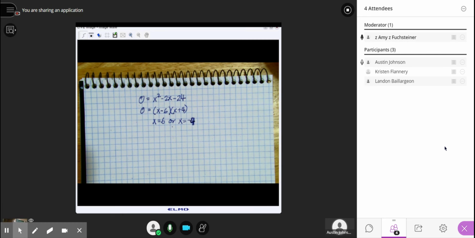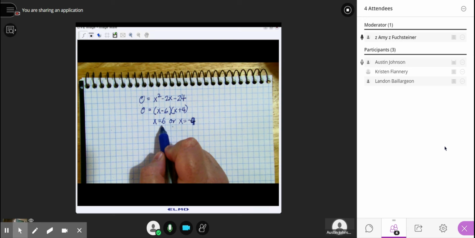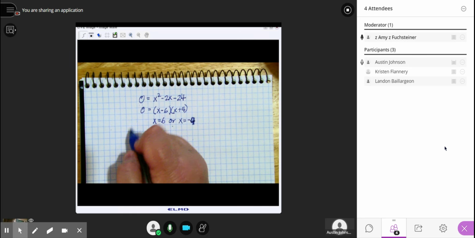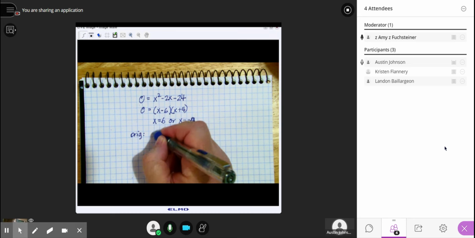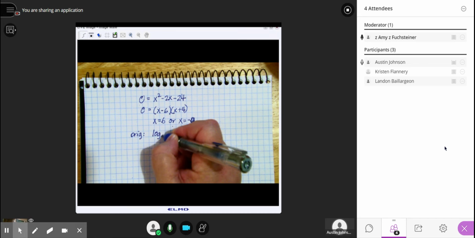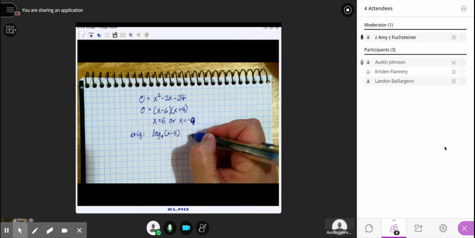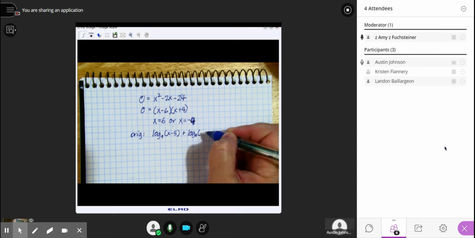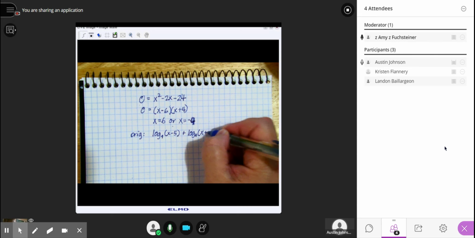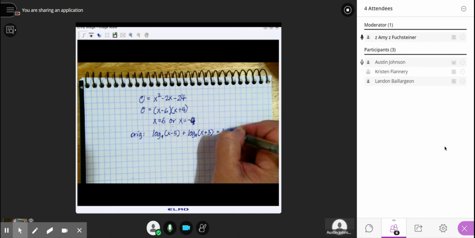So I do want to check. If I put a 6 into the original equation, and remember, the original was on the other page, log base 9 of (x minus 5) plus log base 9 of (x plus 3) is equal to 1.